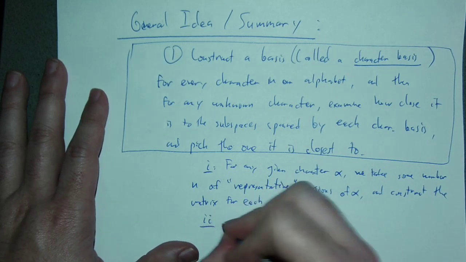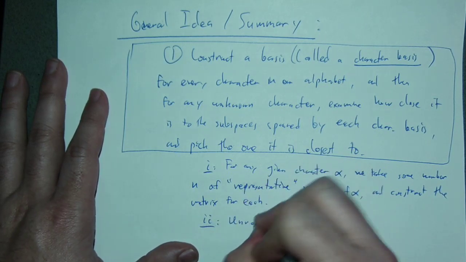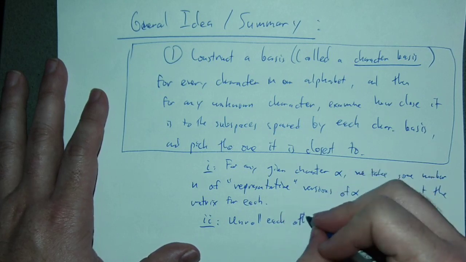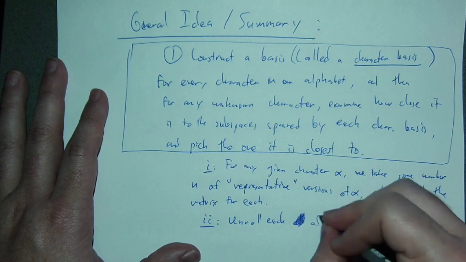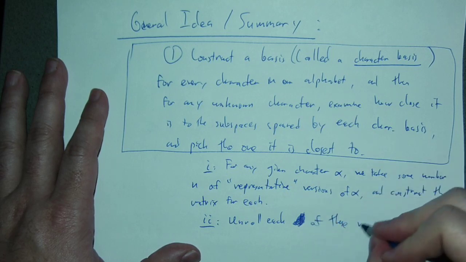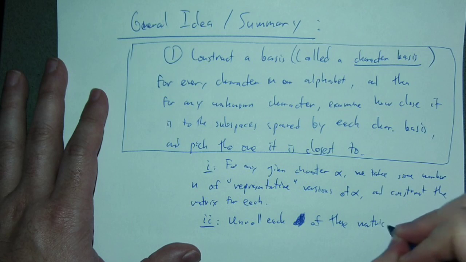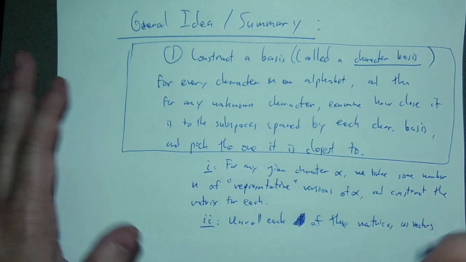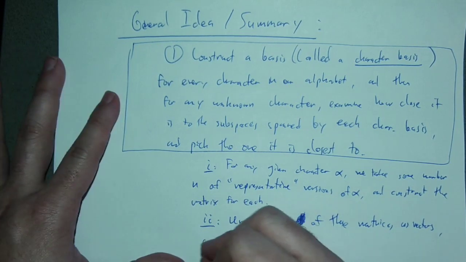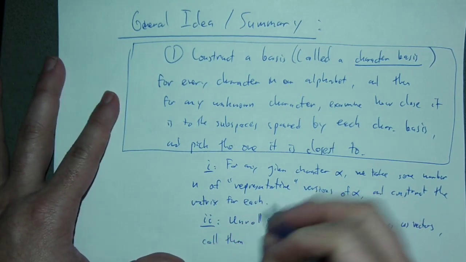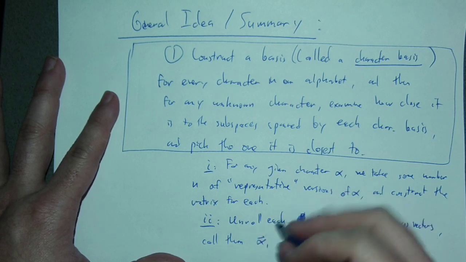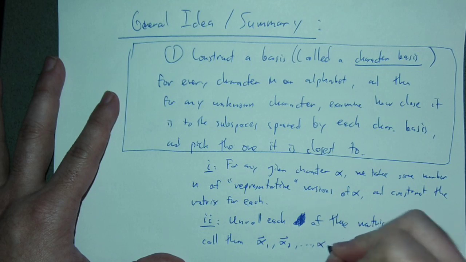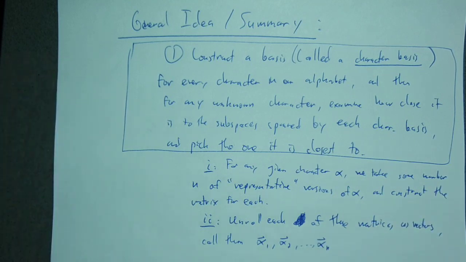Secondly, we unroll each of these matrices as vectors. Call them alpha sub 1 bar, alpha sub 2 bar, and alpha sub n bar.